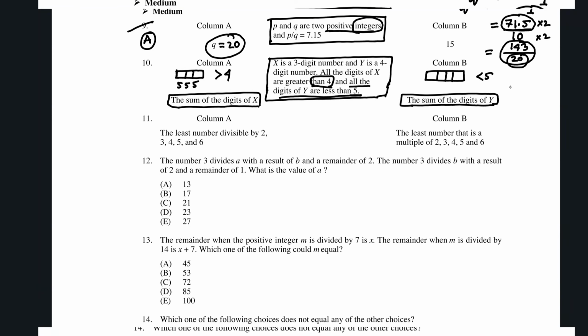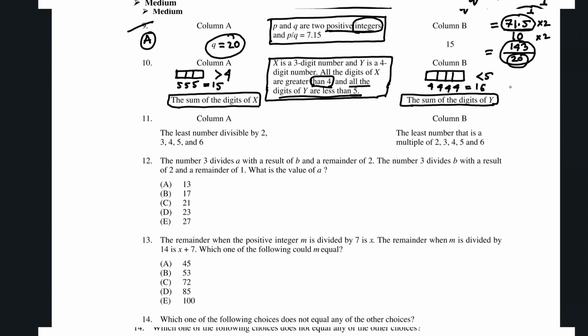The sum of this 5, 5, 5 is 15, which is the minimum value column A can take, because all the digits of X should be greater than 4. And the maximum value of column B can be 4, 4, 4, 4, or 16, because each digit of Y should be less than 5, and 16 is the highest value column B can take.